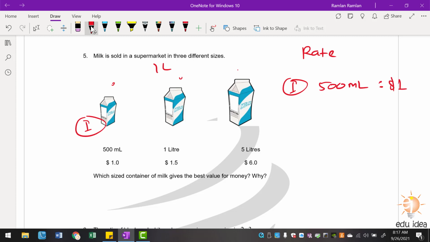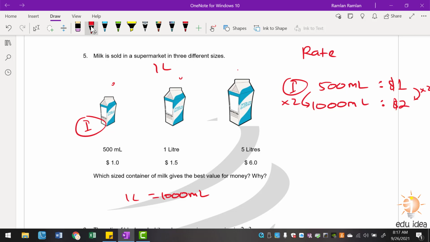If I want 1 liter, which equals 1000 milliliters, this is multiplied by 2, so you do the same thing, multiply by 2, and you get $2.